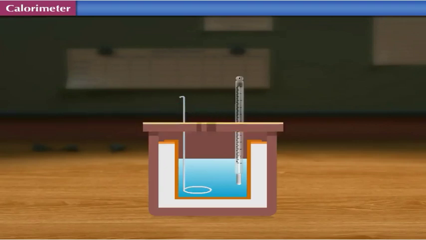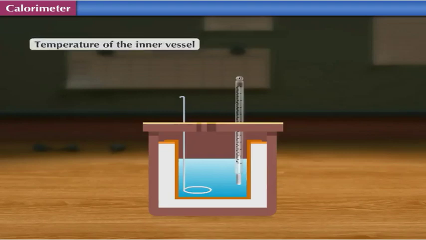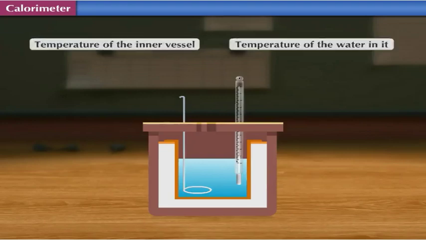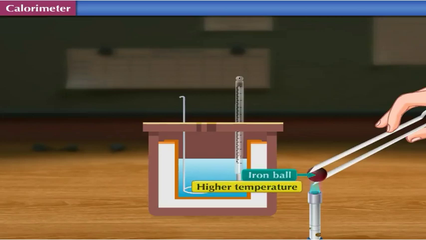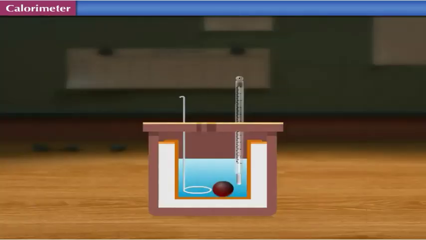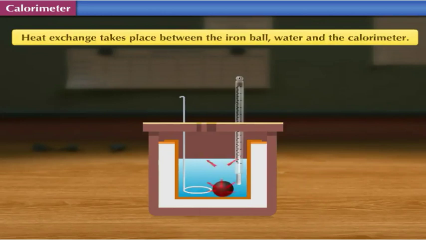Inside the calorimeter, water at a fixed temperature is placed. This means that the temperature of the inner vessel and that of the water in it is the same. When a hot object, for example say an iron object at higher temperature, is placed in water, heat exchange takes place between the hot object, that is iron ball, water and the calorimeter.